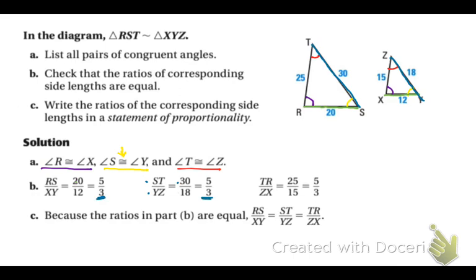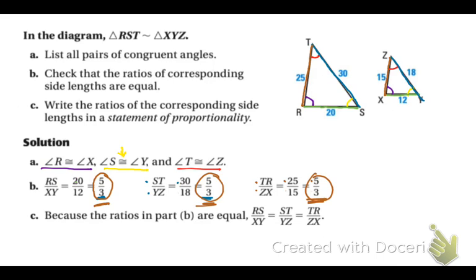And finally, we have TR over ZX, and that's equal to 25 over 15, which is also equal to 5/3. So this ratio is 5/3, this ratio is 5/3, this ratio is 5/3. So the sides of these triangles are proportional because these are all the same.